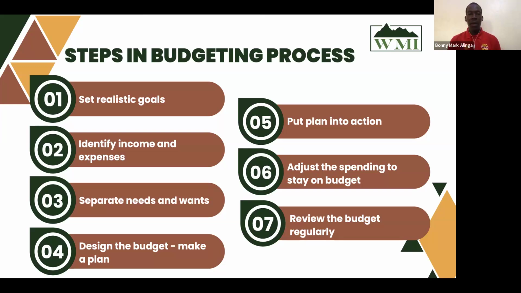Then lastly, in the budgeting process steps is review the budget. Review your budget as much as possible. Some of you have the budget only for getting the grants, only for sourcing for the income.